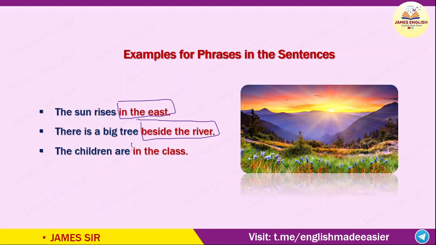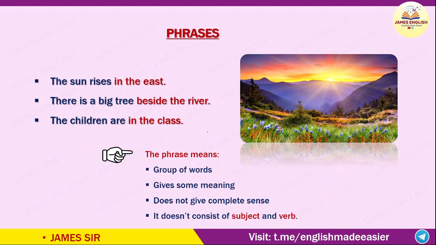The children are in the class. Here the words in the east, beside the river, in the class, everything refers to what? They refer to a group of words. They provide some meaning, but they do not give complete sense and they do not contain a subject and a verb.